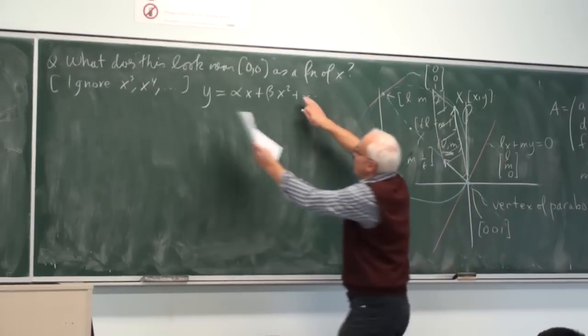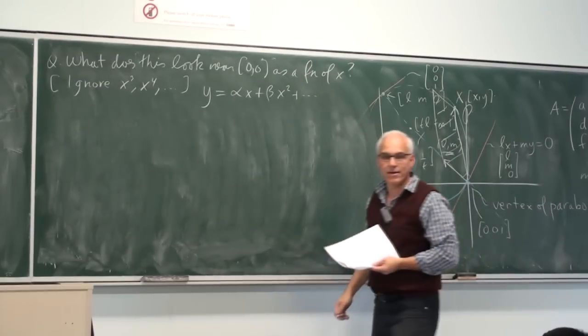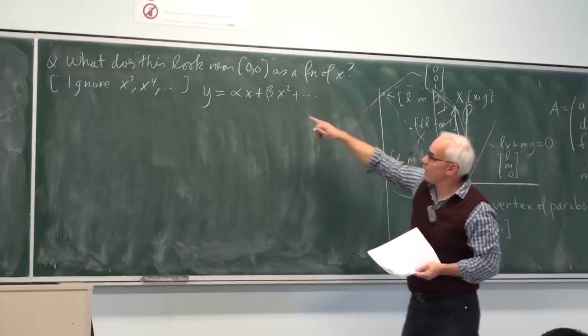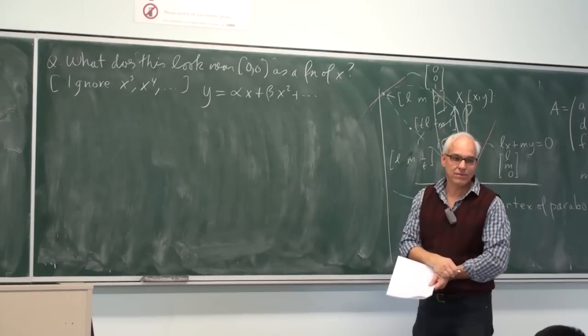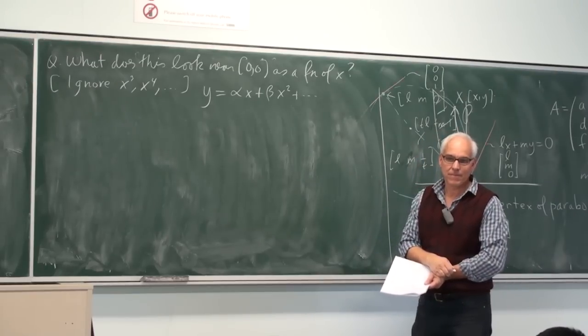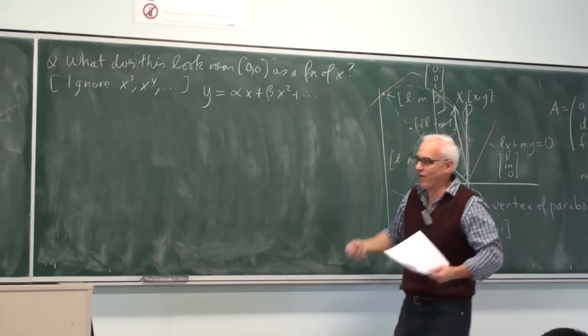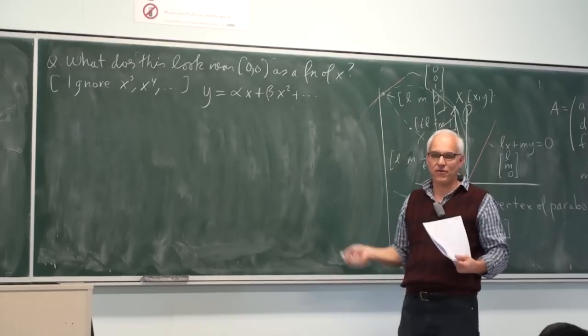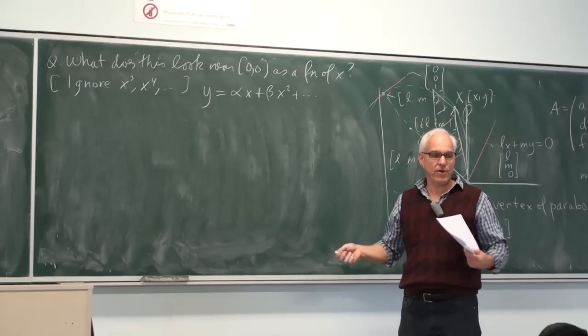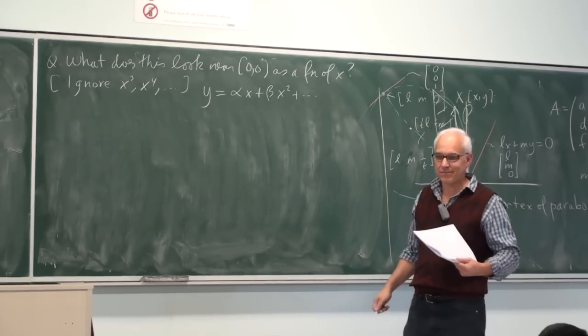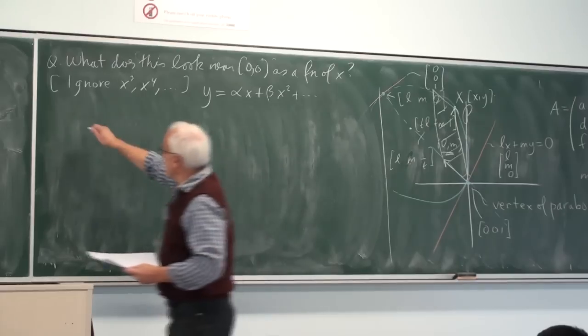So what we're going to do is plug that into the formula and solve for alpha and beta. It's a way of solving for y without having to, if you've forgotten the formula for the quadratic. Okay, so let's plug it in.